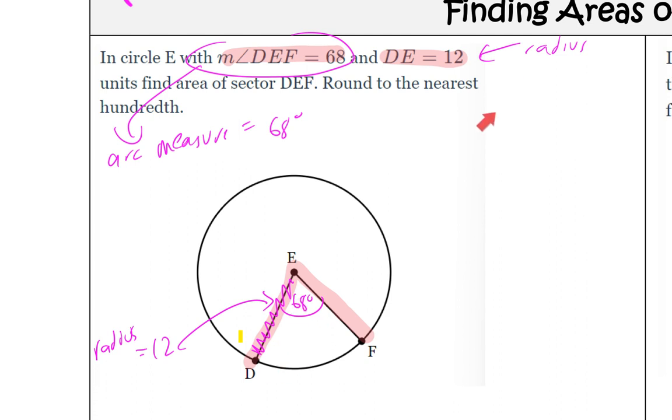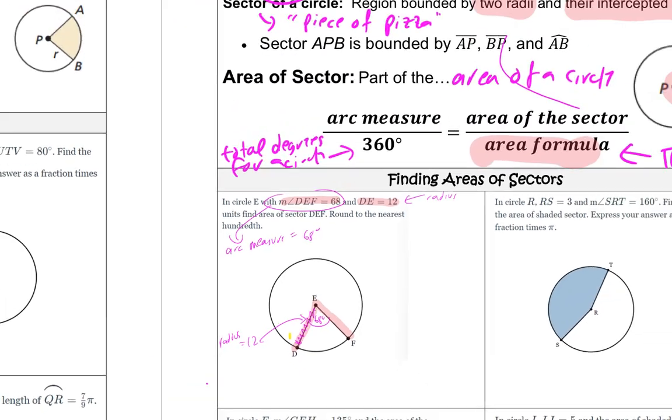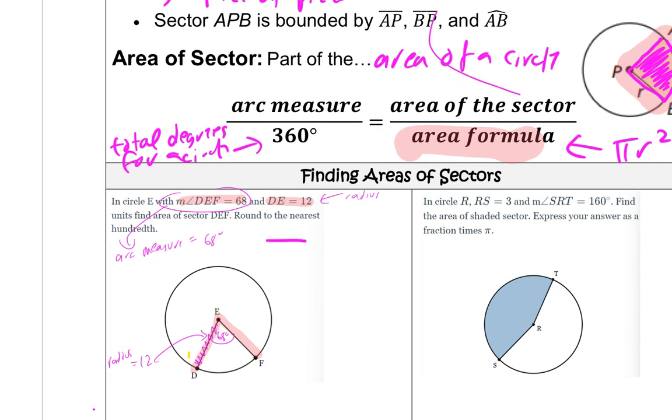Let's set it up like we talked about, with a fraction equals a fraction. On top is the arc measure over 360. If the angle is 68 degrees, the arc measure is also 68 degrees, over 360. Then the area of the sector. It says find the area of the sector, so that's what we're going to find, x.